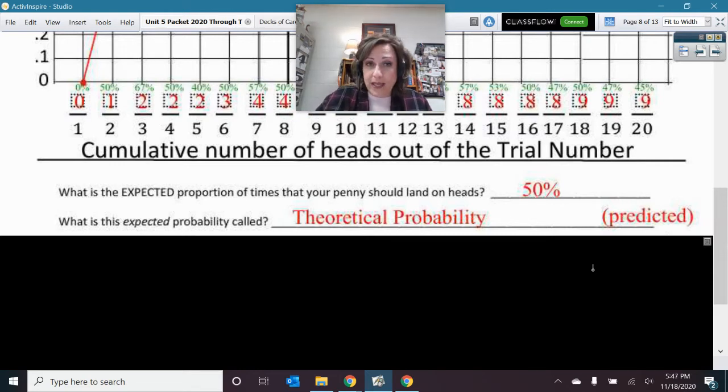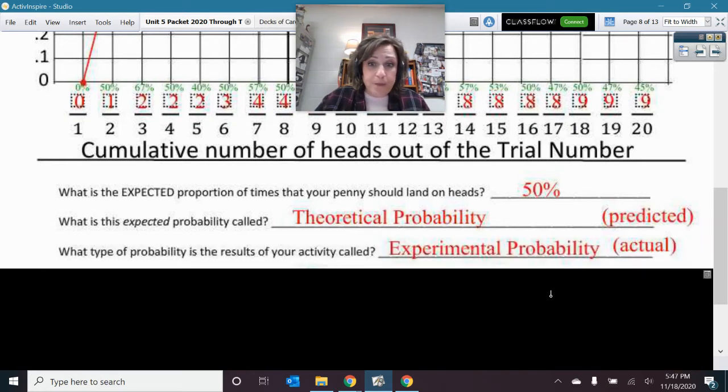Now, then we do our experiment and we see where we end up. Where we end up is our experimental probability, and that's what actually happened when we performed the experiment. Think of residuals from our past unit, where we were comparing actual from the predicted to see how far off we were.